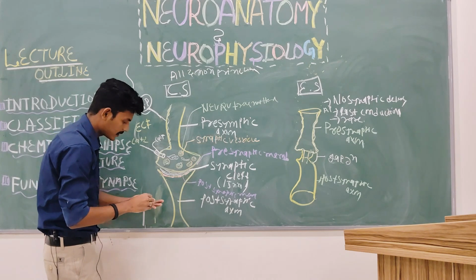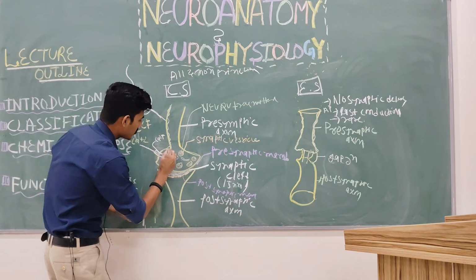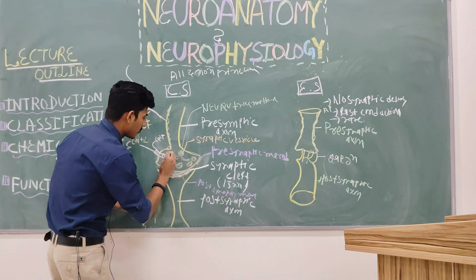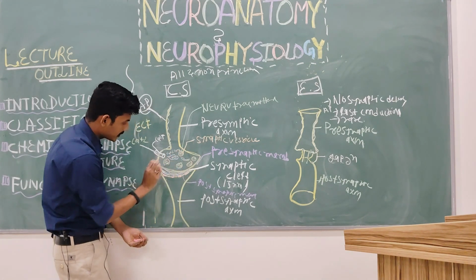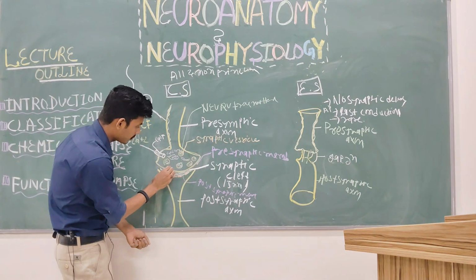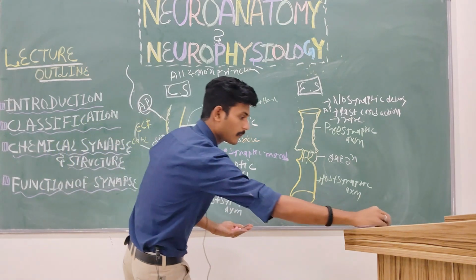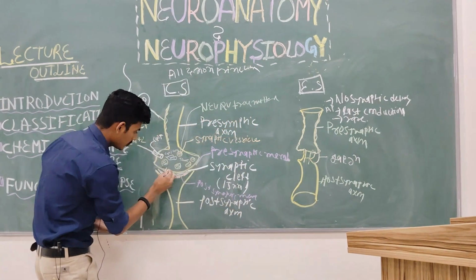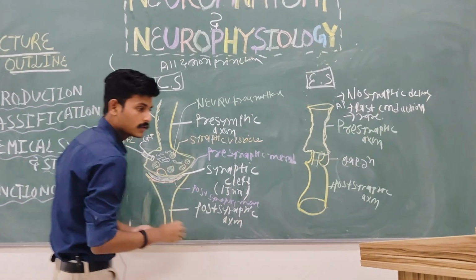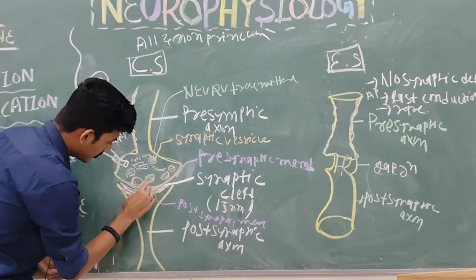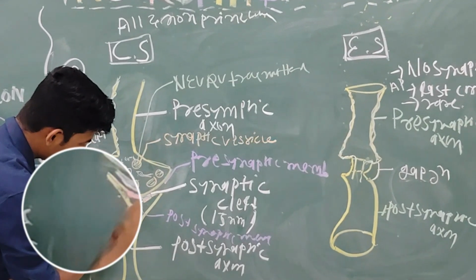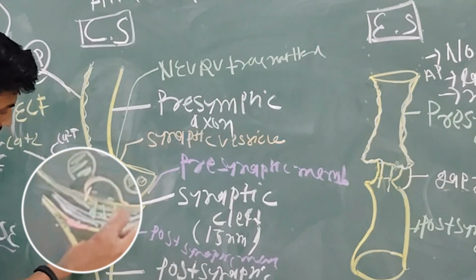Fine, it's broken. A lot of calcium is coming inside. Now there's exocytosis, a fusion. These vesicles fuse, and there will be a release of neurotransmitter in this environment.